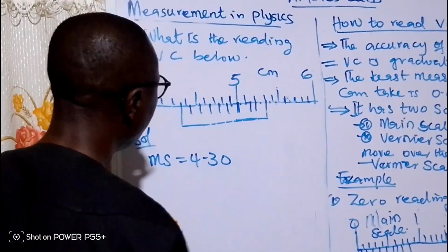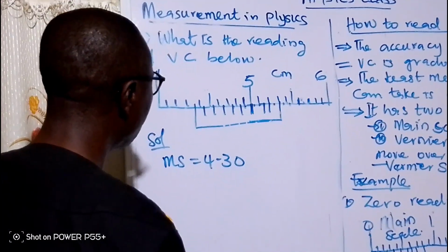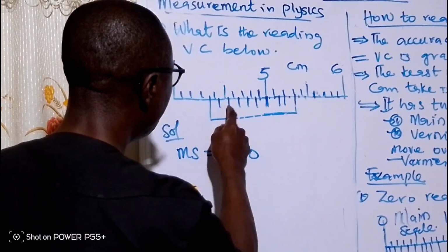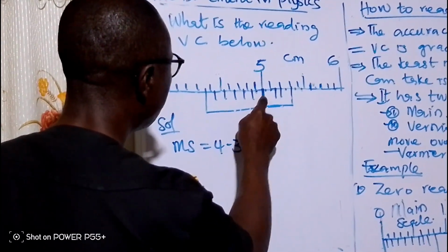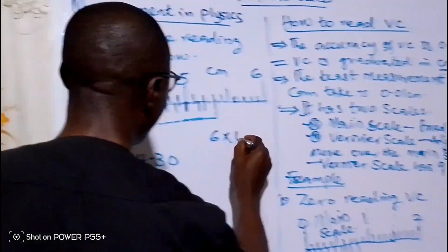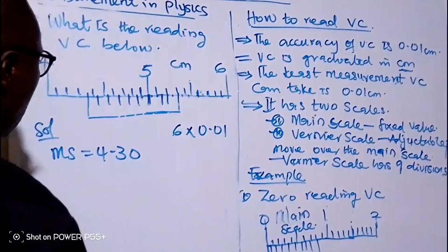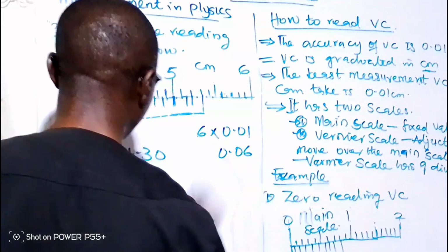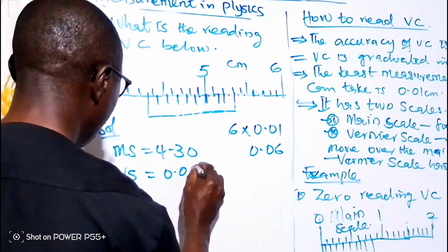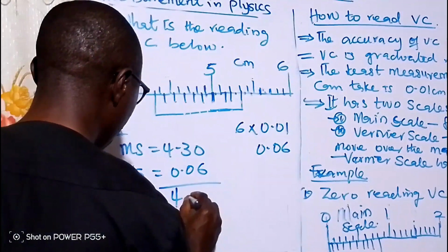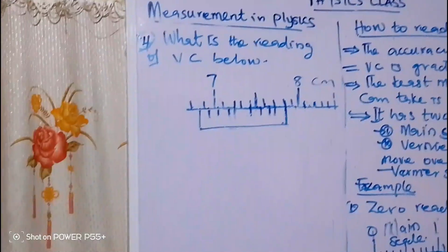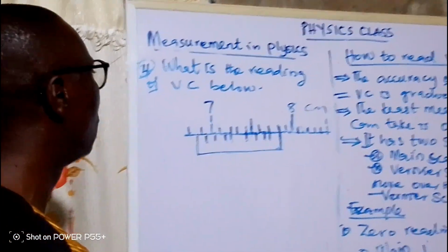I said you should pick the first one from zero arm. Let's count: 0, 1, 2, 3, 4, 5, 6. That is 6. Now 6 multiplied by accuracy 0.01 gives us 0.06. Add together, our answer will be 4.36 centimeter.